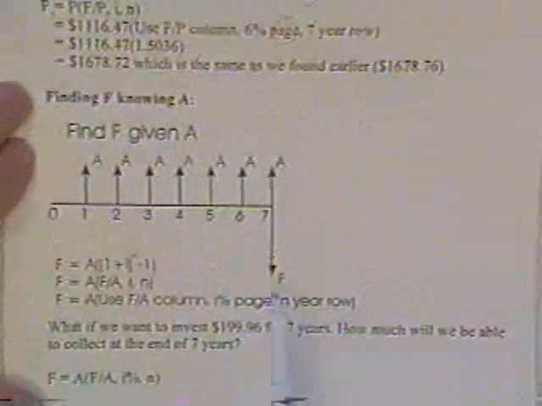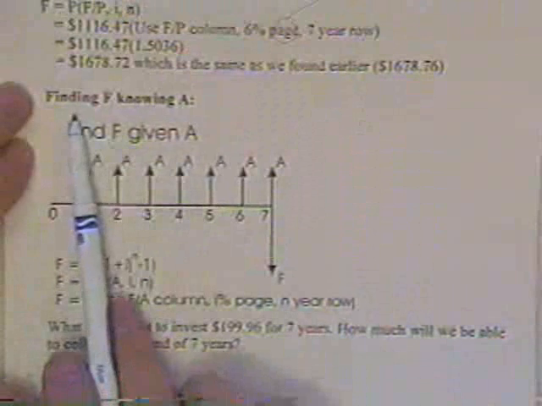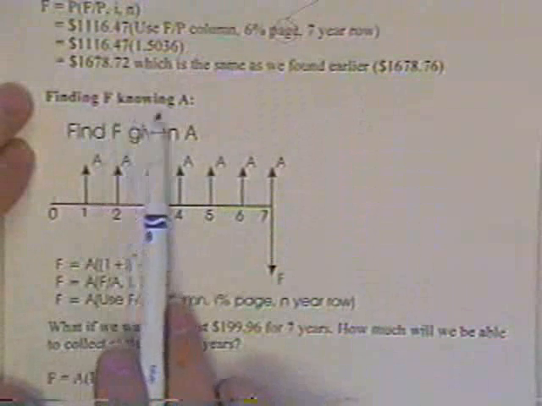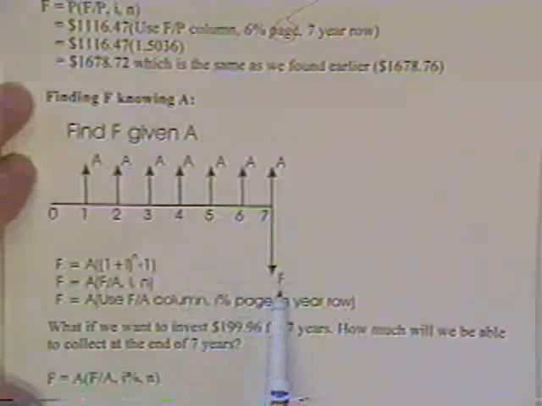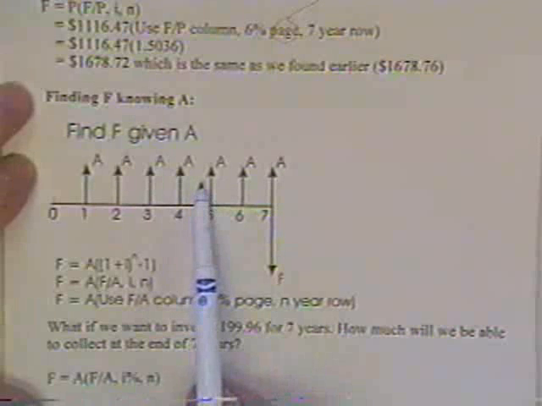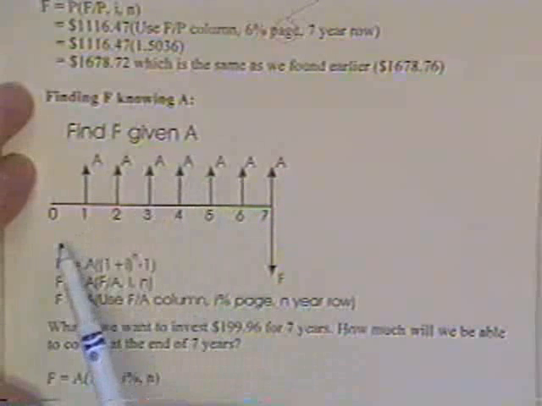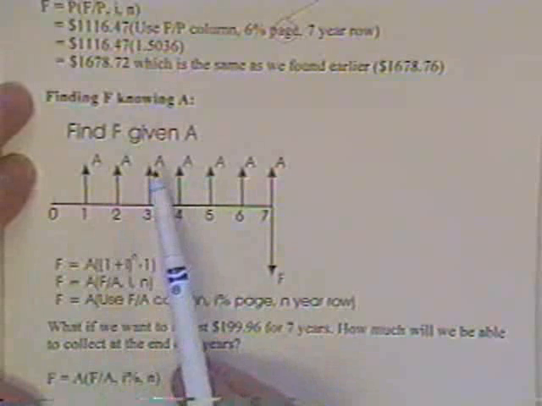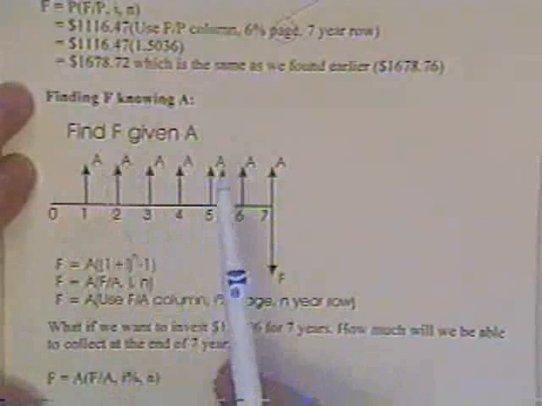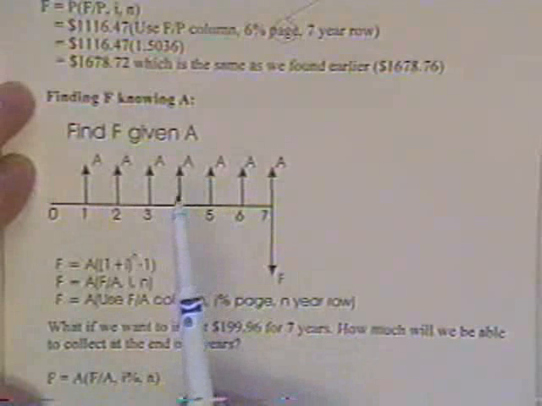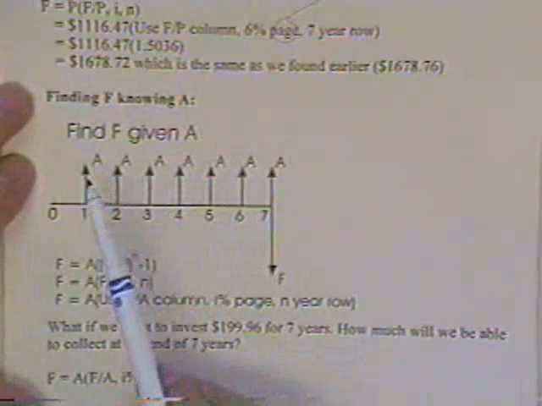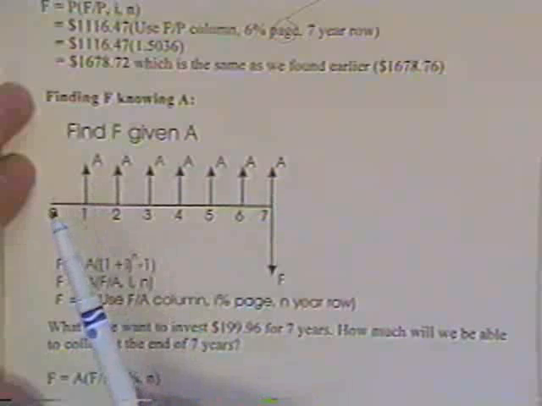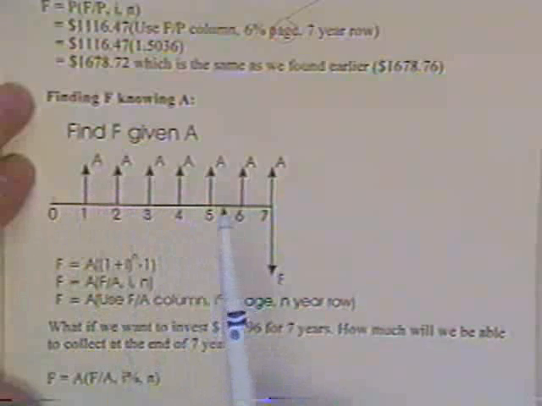Alright, now then, let's assume that you would like to find F knowing the annuity. A minute ago we took F and found the annuity. Then we took the present value and found the annuity. Now I'm saying, let's say that you were able to extract from your yearly salary some amount of money and put it in the bank at the end of each of these years.